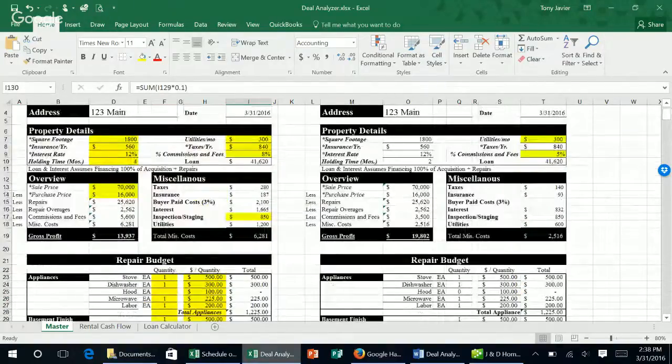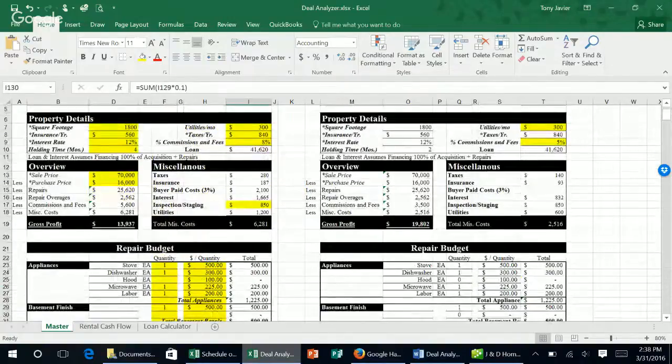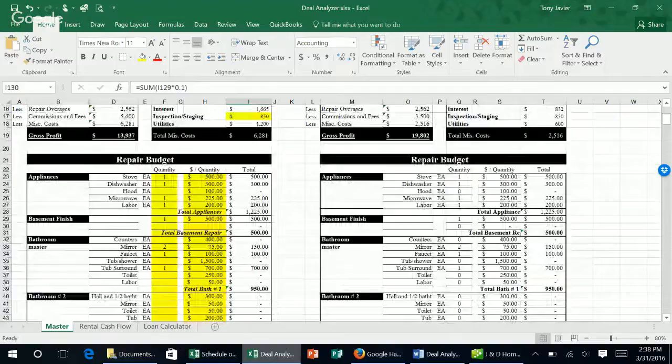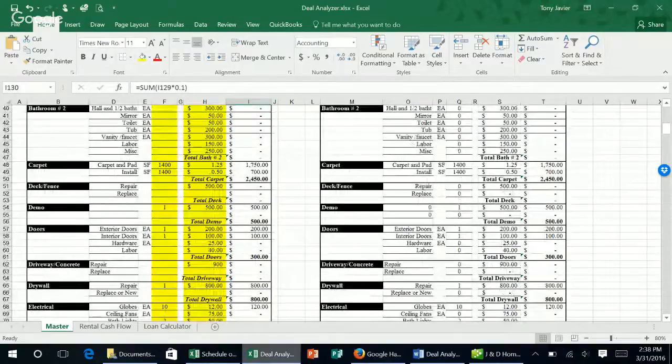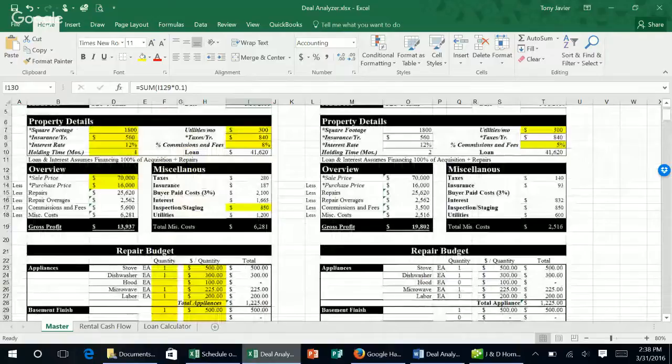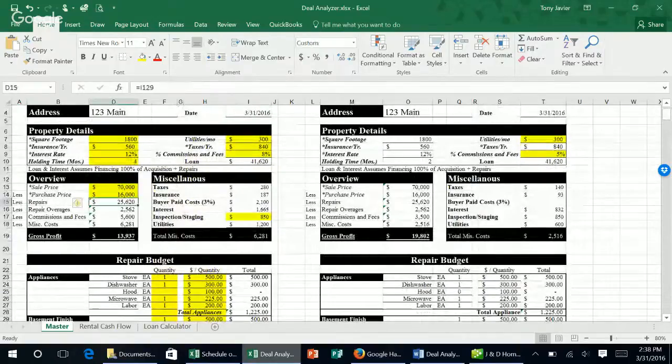If you don't like the rehab worksheet, or decide it's faster just to go in here and do your numbers, there's nothing wrong with that. The rehab walkthrough checklist does allow you to not miss some things, so I would probably do that first. Then come in here and punch your numbers, and boom, it auto populates for you, and you just keep playing with this number until you get to the profit point that you want.